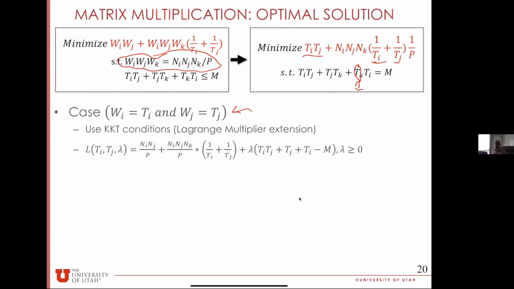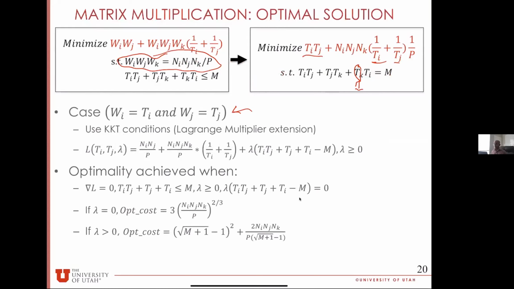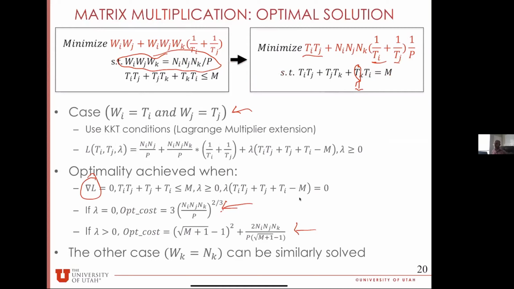This can be simply solved by setting up the KKT conditions, forming the gradient with respect to L and setting that to 0, with lambda greater than or equal to 0. Each of those gives a different solution. In fact, these turn out to be exactly the same as what is well known for the 2.5D and 3D algorithms for matrix multiplication.